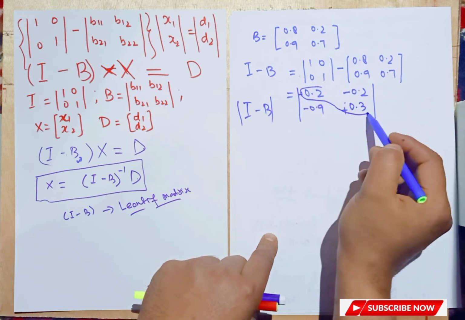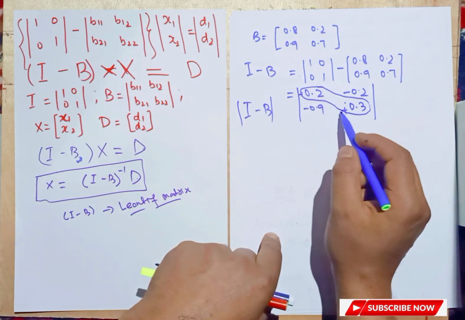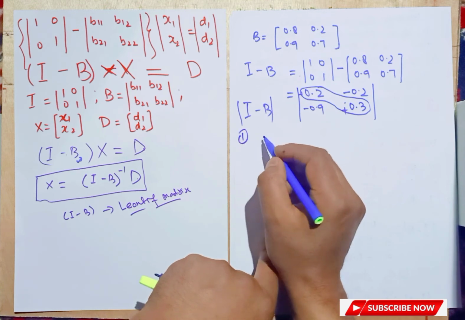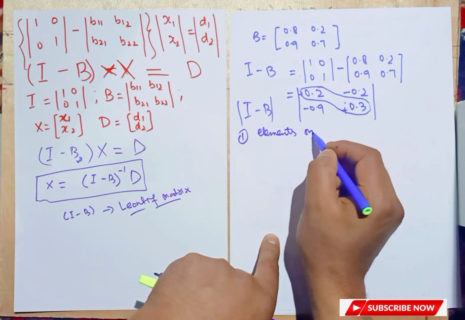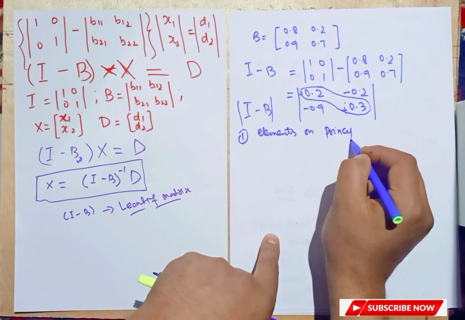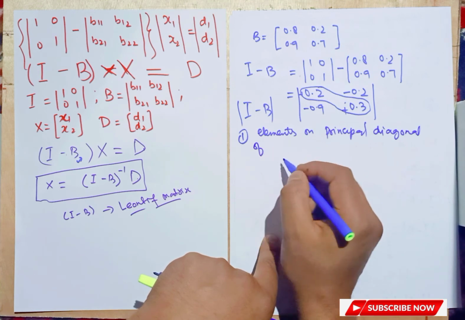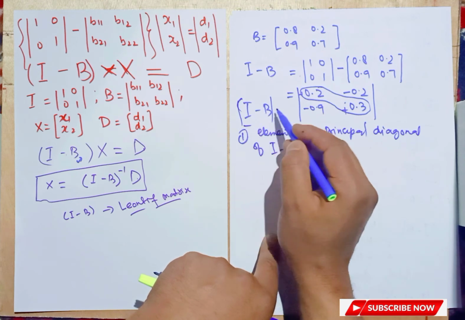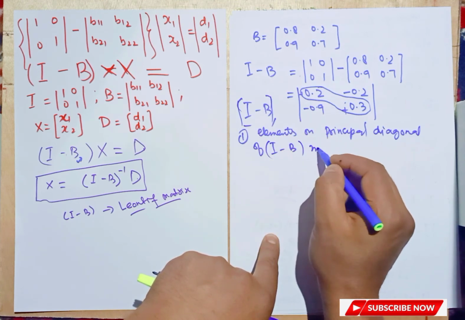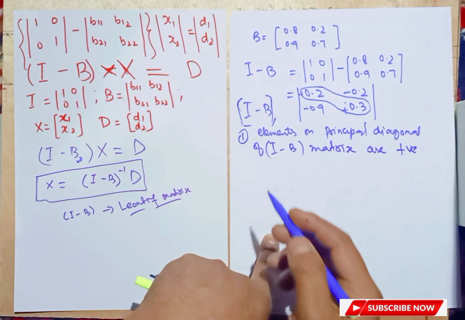Here we can see that the elements on the principal diagonal are positive. Then the first condition is met, that is, elements on the principal diagonal of the I minus B matrix are positive. Now we have to check the second condition.